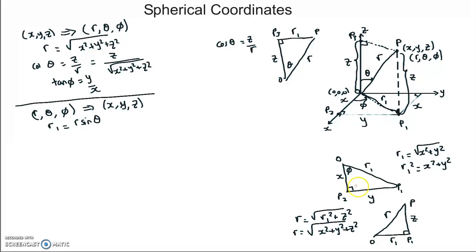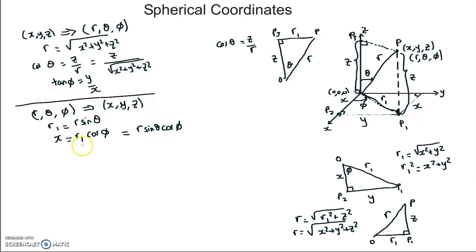What's the relation between x, y, and r1? x equals r1 cosine phi, which is equal to r sine theta cosine phi, since we substituted r1 equals r sine theta.